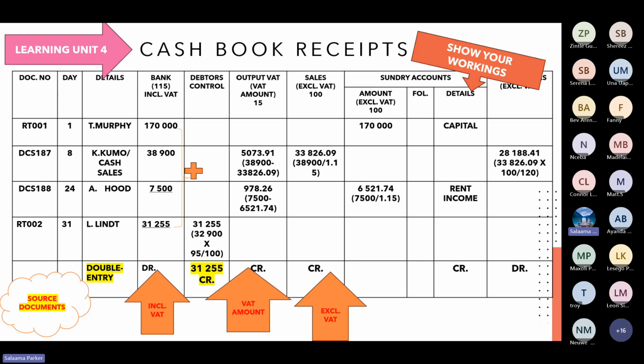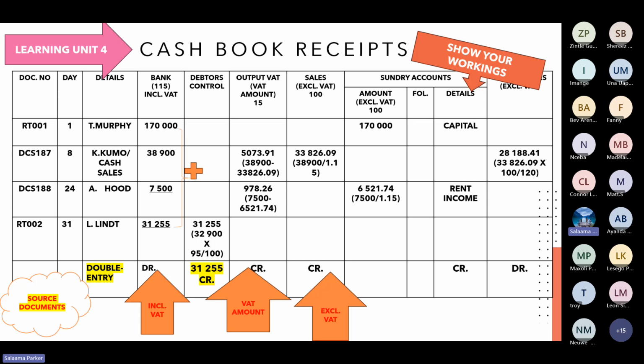Please again show your workings. Reason being that we give method marks for your workings, so it's very, very important that you show your calculations. Right, and again, don't forget your double entry. More importantly, you need to know your double entry for when you are posting to the general ledger.